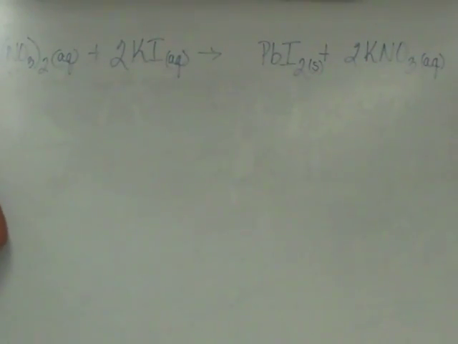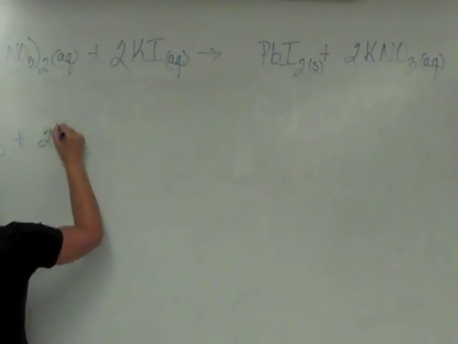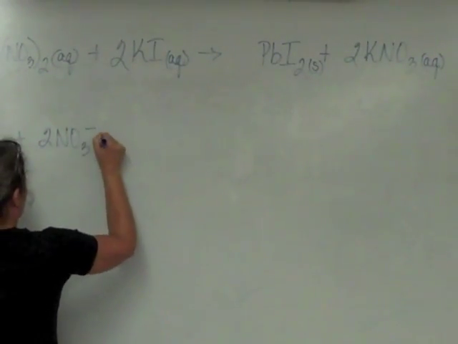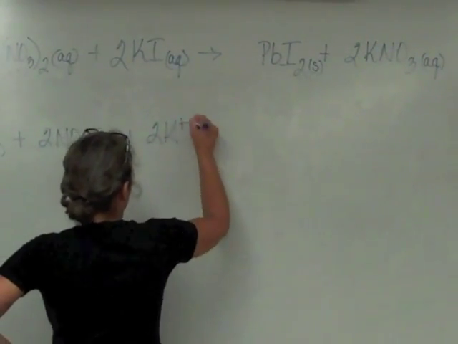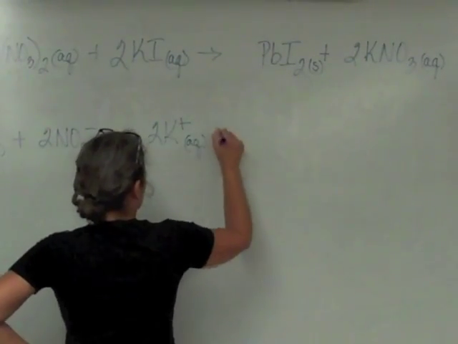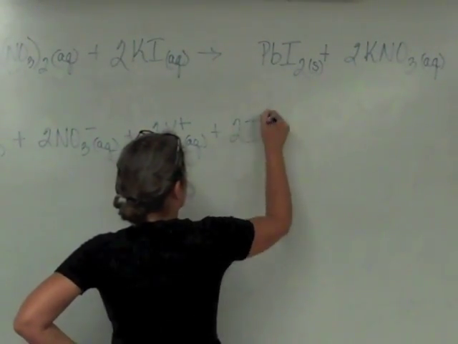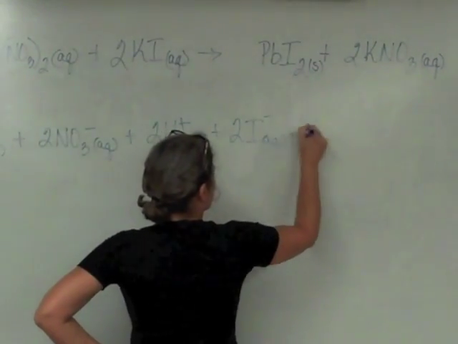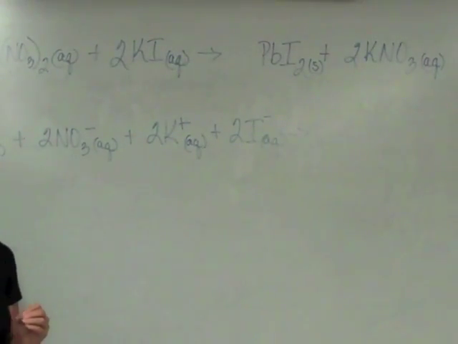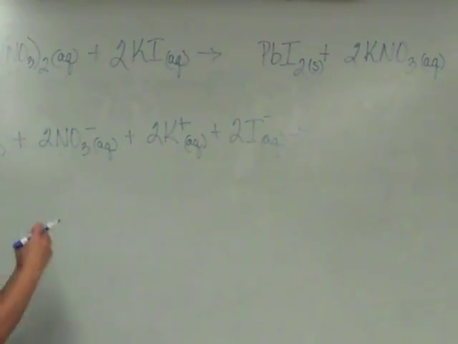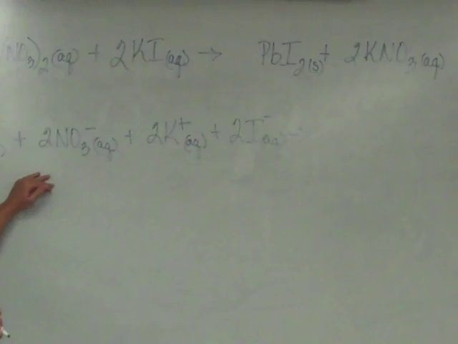Pb2+ aqueous, plus 2 nitrates, aqueous, is going to react with 2 potassiums, which are aqueous, plus 2 iodides. What this is showing us is what they really look like on the molecular level. They're not associated. They are dissociated. Okay, so again, a complete ionic equation.